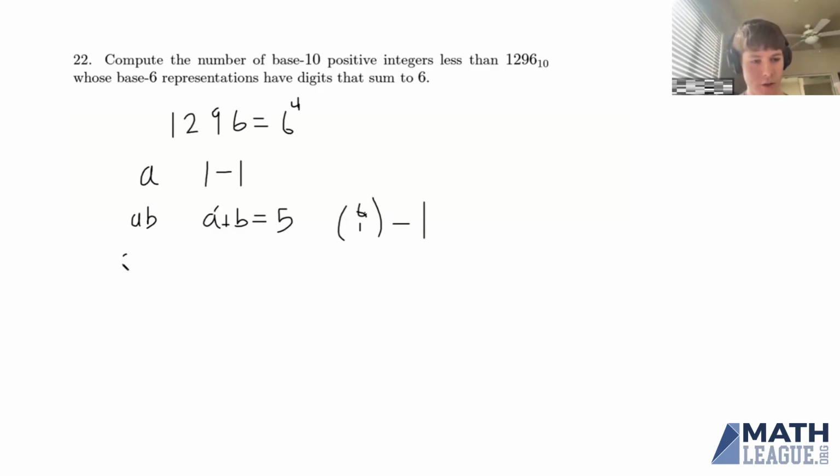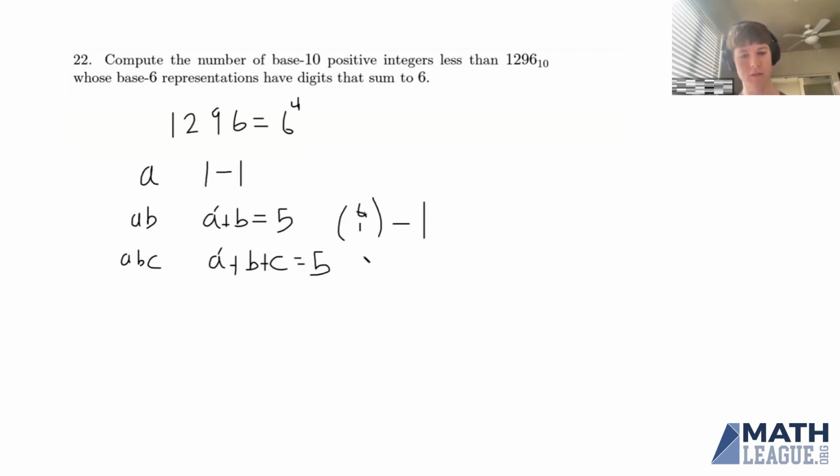Now moving on to the case for 3 digits. This is A, B, C. We have the same thing, but I'm just going to write the prime over A, so I'm subtracting 1 from A. Then this full sum will be A prime plus B plus C is 6 minus 1, because I subtracted 1 from A. So that's 5 again.